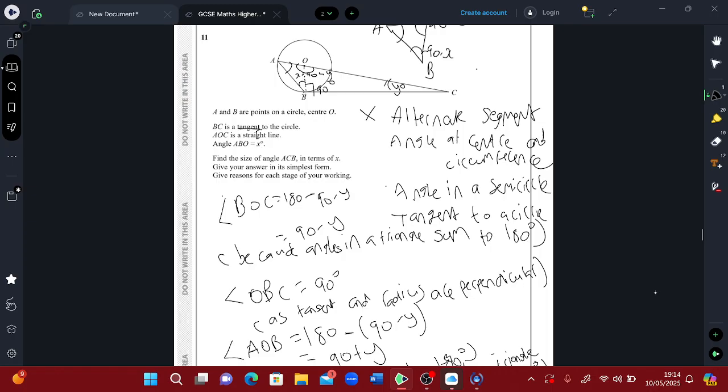So that should be 90, no, plus y, sorry. Yeah, which is plus what? Oh god. 180 minus this angle here, so that should be plus y, right? And therefore this angle here, well, this is two triangles.